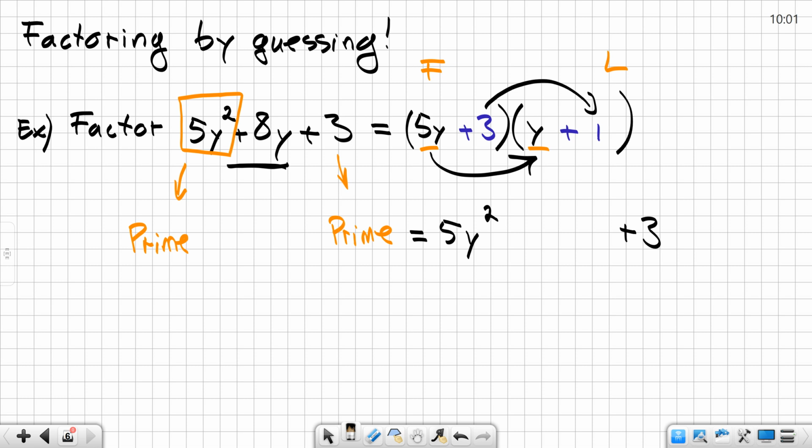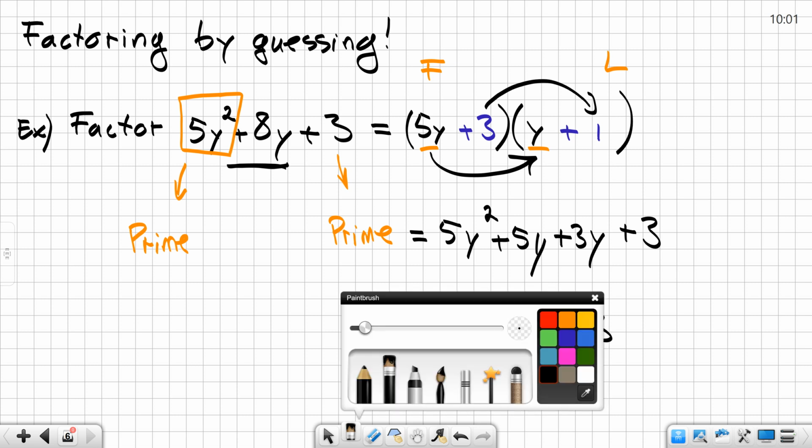We don't know the terms in the middle. So I'm going to multiply this out. The product of the outer is 5y times 1, that is 5y. The product of the inner is 3 times y. And look at this. We got it right the first time. 5y plus 3y is 8y plus 3.